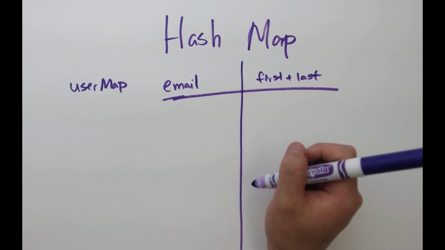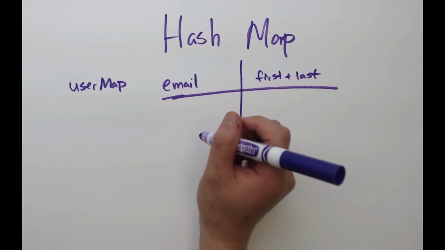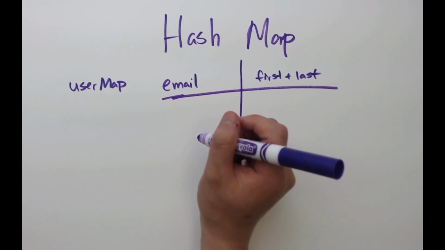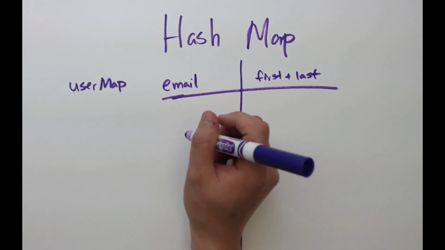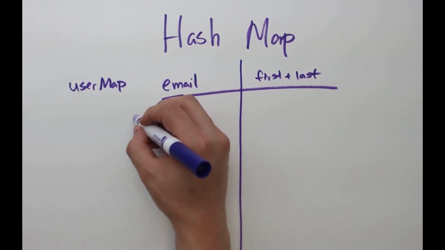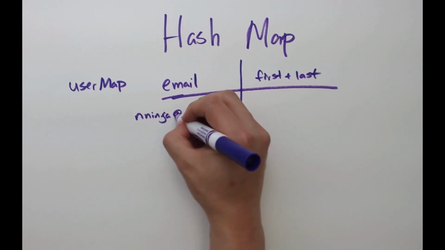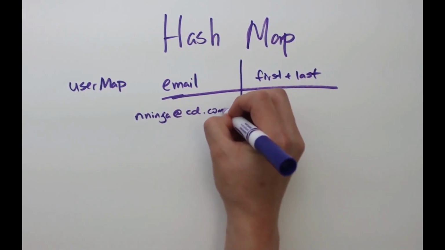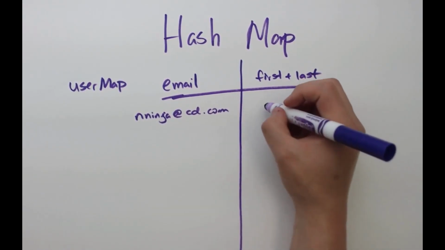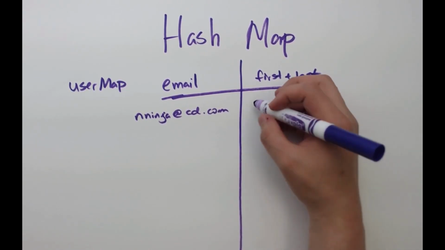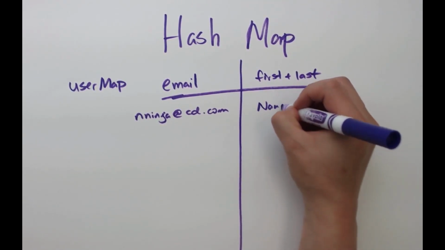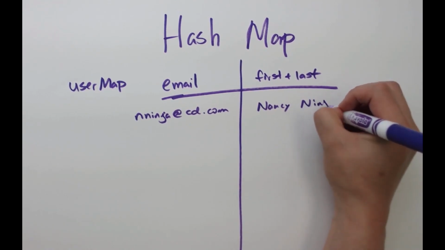So let's insert a key, and I'm going to call it put explicitly. So we're going to put a key into this hash map. Okay? So let's put nninja at cd.com. Okay? So the value of nninja at cd.com will be Nancy Ninja.